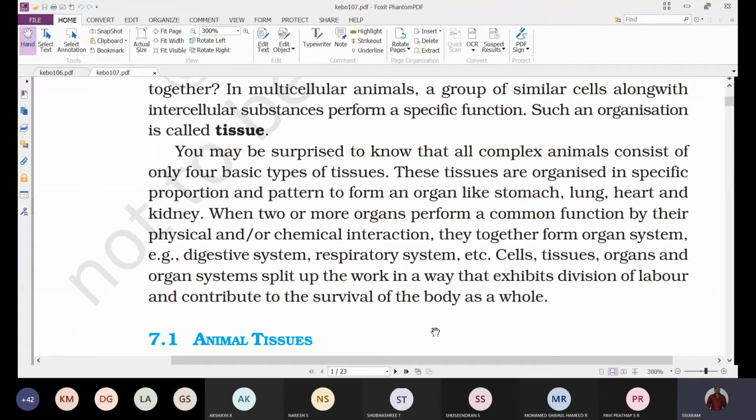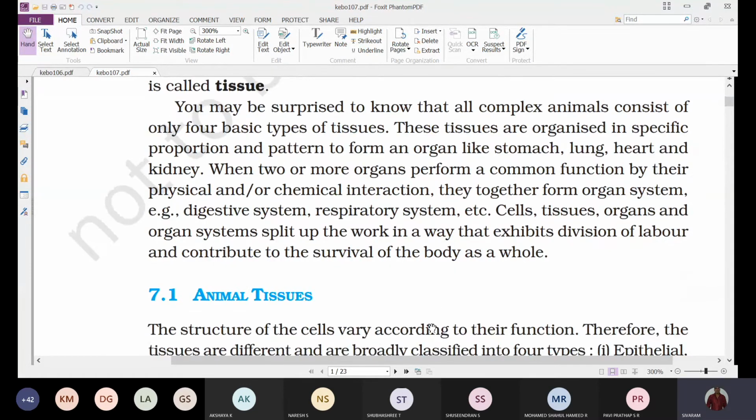Examples: digestive system, respiratory system, circulatory system, excretory system, nervous system, reproductive system. We can see cells group to form tissues, tissues group to form organs, and organs group to form systems.